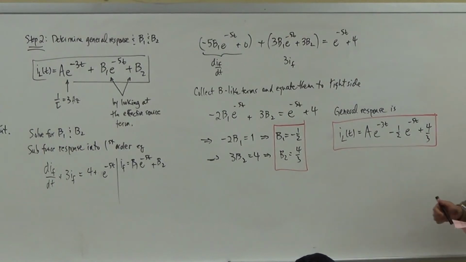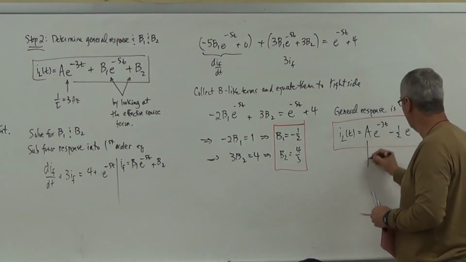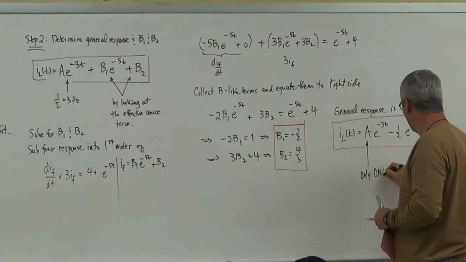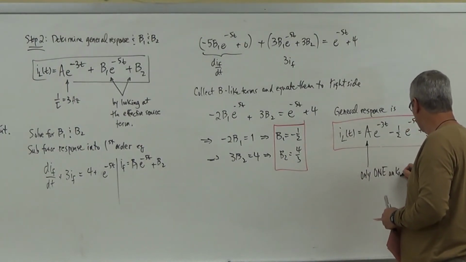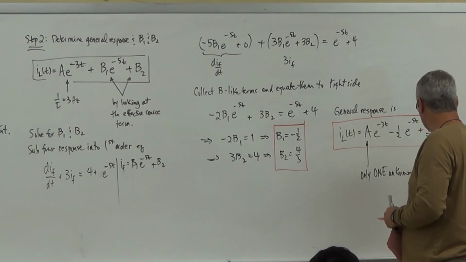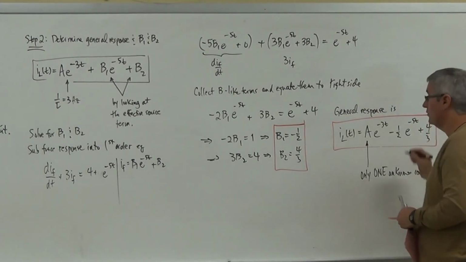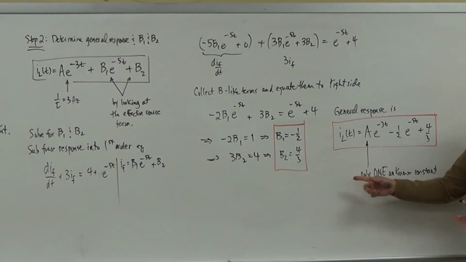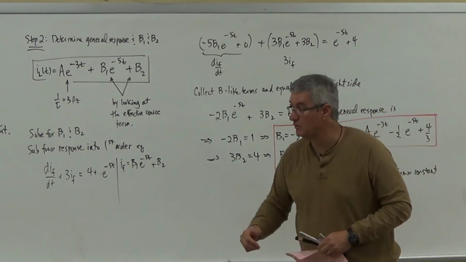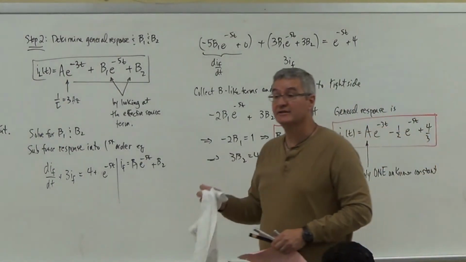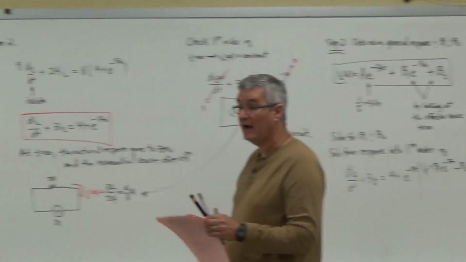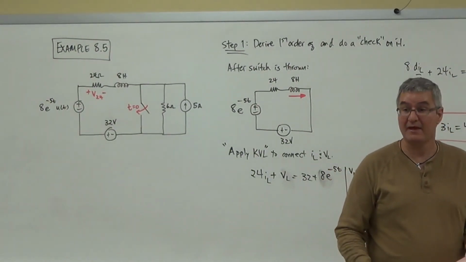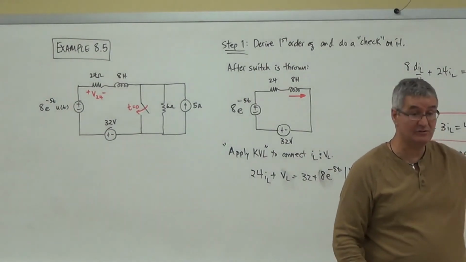When you write this equation, you only have one unknown constant. Which leads us to step 3: solve for the unknown constant. I find the initial condition on I_L at 0 minus, apply it at 0 plus, and then apply that initial condition to that equation.